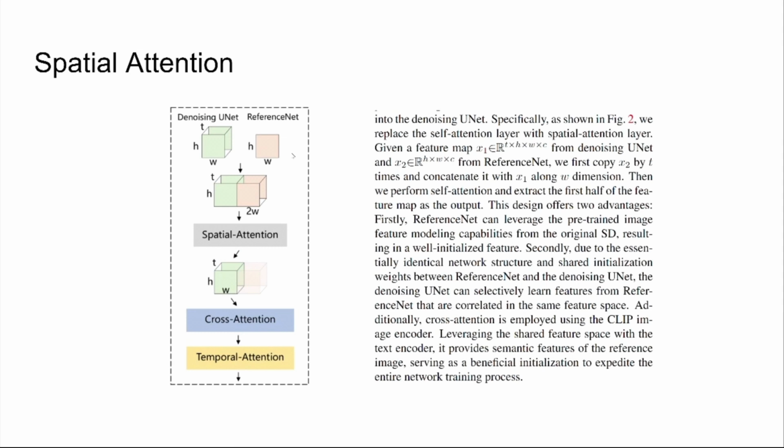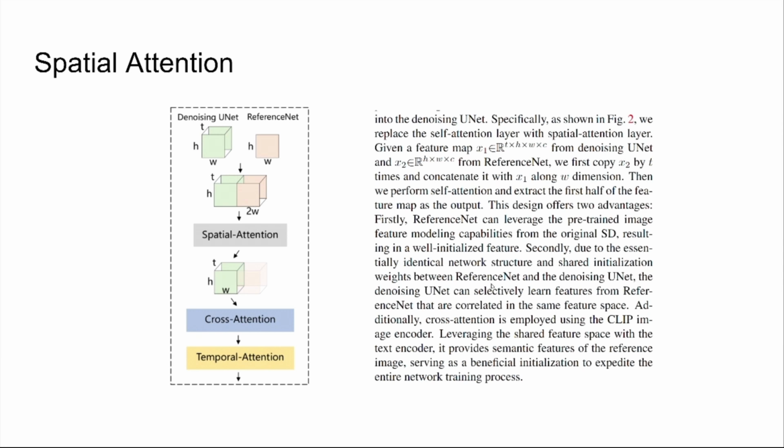First you need to concatenate them together. How they do this is they copy the reference image to the length of the temporal part, so it's h by w by t, but for every slice in the temporal part it's the same image. Then you get the same dimension for these two latent maps, and you concatenate them together, calculate the self attention, and then only extract the first part, for the dimension of the videos.